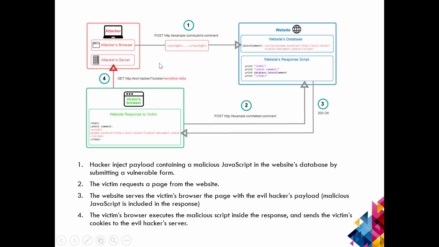This is known as persistent or stored, where the script is actually stored in the website database or on the website server. So that is how persistent cross-site scripting is delivered.